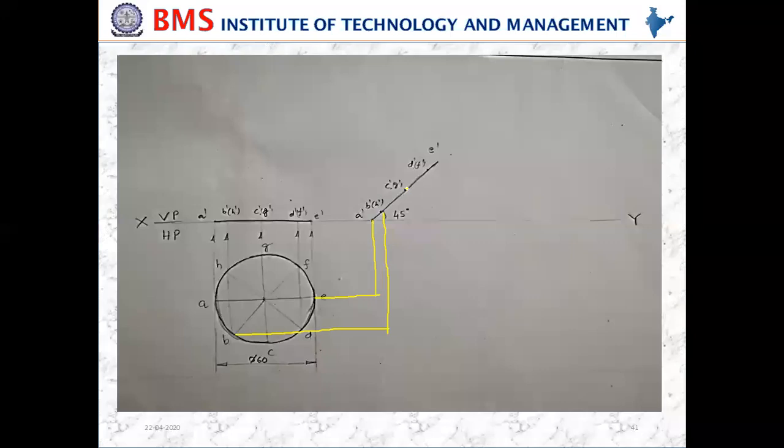From there, draw one vertical line, then from C, a horizontal line. Locate this point. Then from D dash, F dash, draw a vertical line. B and D are on the same line, so extend this line to this point so that I'll get the D.